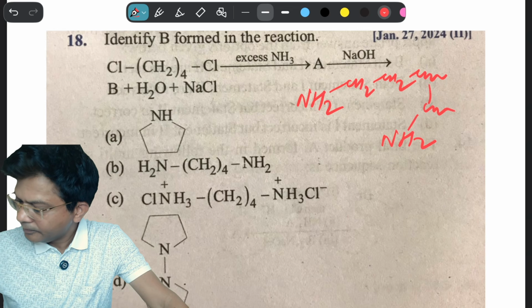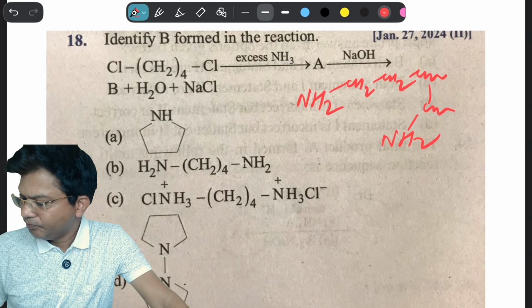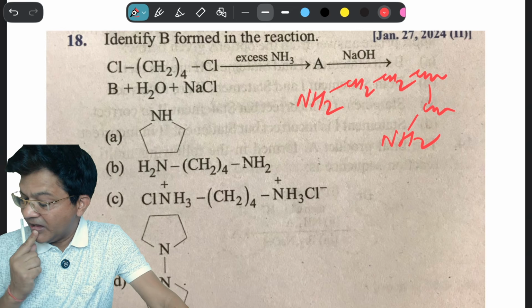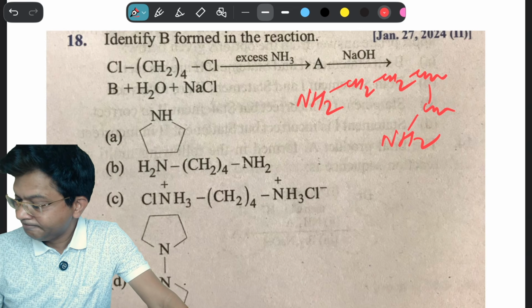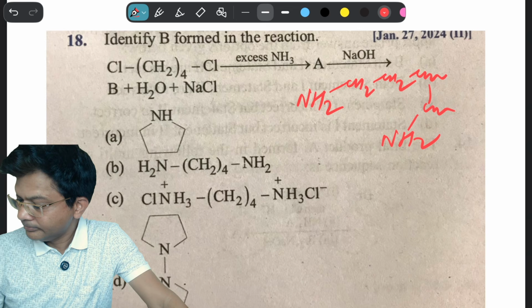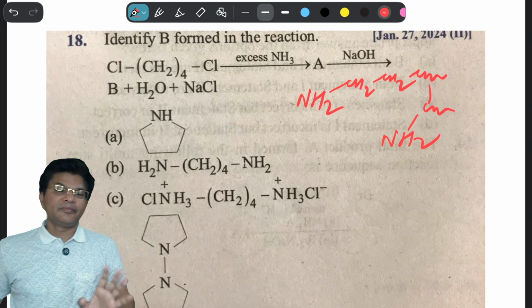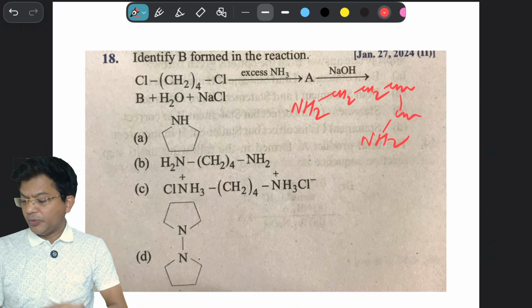Okay. Now NaOH. What will NaOH do? This is looking very tough. I am not getting it. Is there anyone who is getting what NaOH will do?